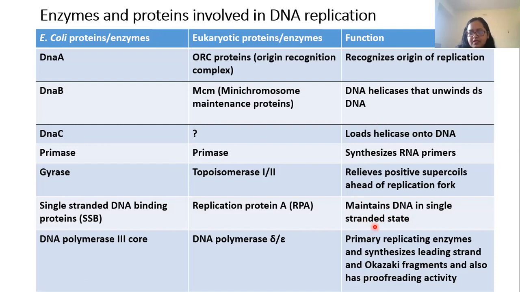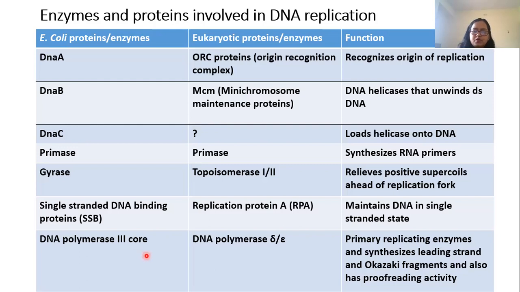After that, in order to prevent it from resealing, there is another protein called replication protein A, which maintains both the separated strands of DNA in the single-stranded state in order to carry out the replication process properly.